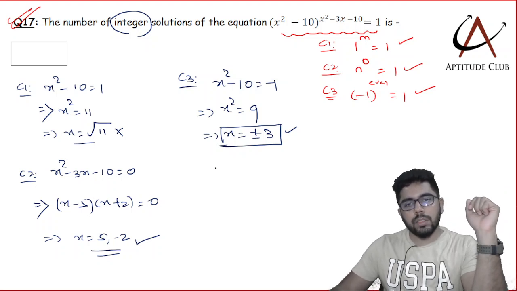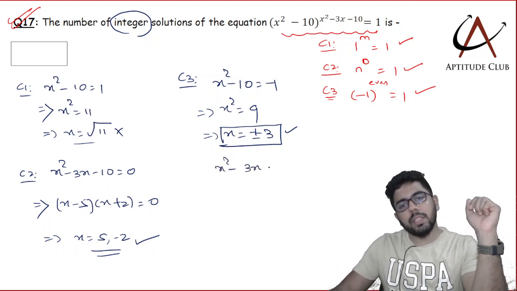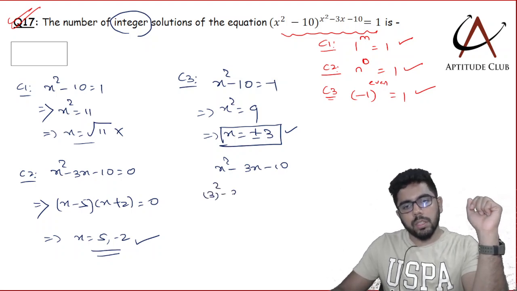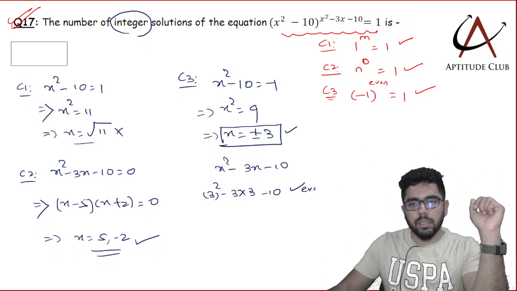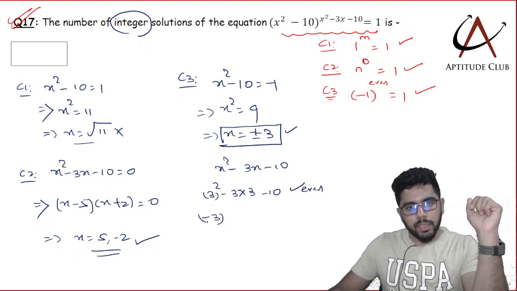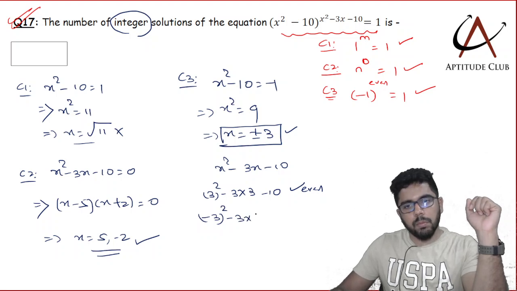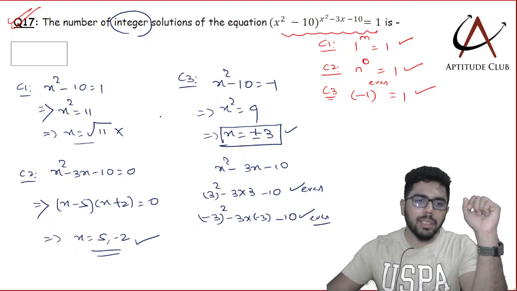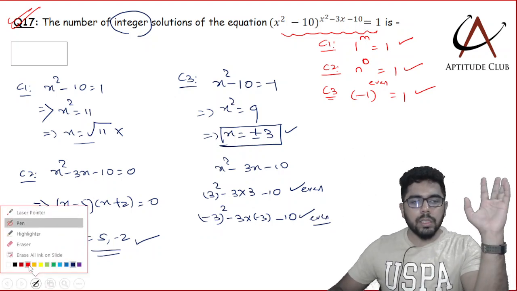The power is x square minus 3x minus 10. If I put x as 3, 3 square minus 3 into 3 minus 10, this is even. Minus 3 square minus 3 into minus 3 minus 10, this is also even. So case 3 and case 2 completely satisfy.